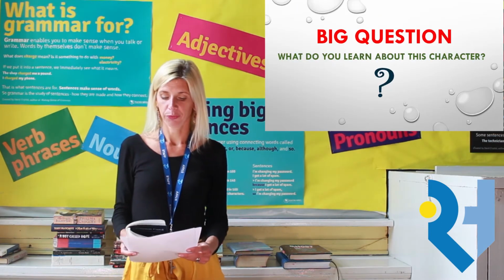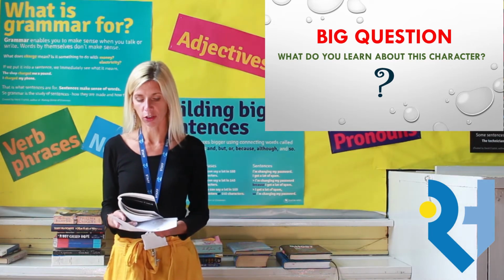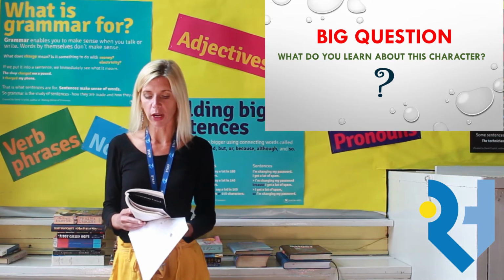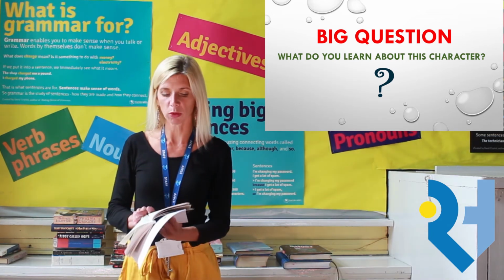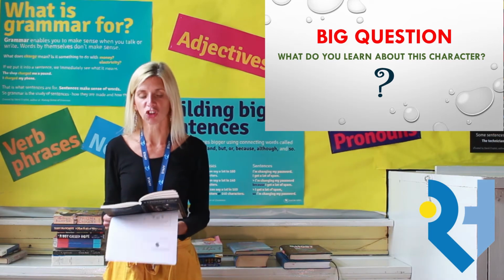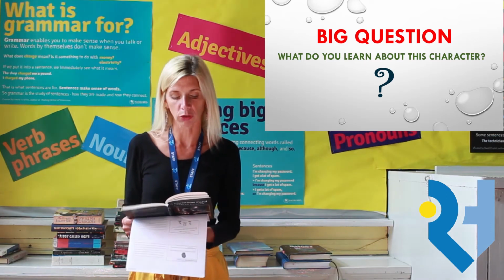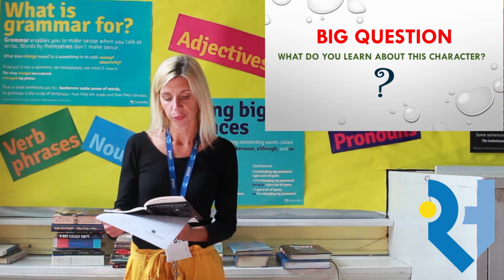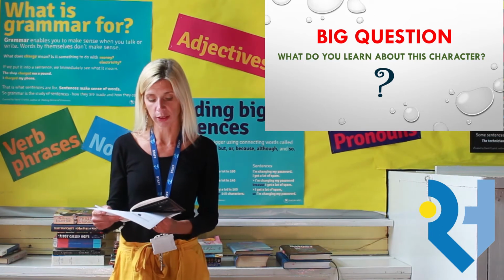Oh, but he was a tight-fisted hand at the grindstone, a squeezing, wrenching, grasping, scraping, clutching, covetous old sinner, hard and sharp as flint, from which no steel had ever struck out generous fire. Secret, self-contained and solitary as an oyster.